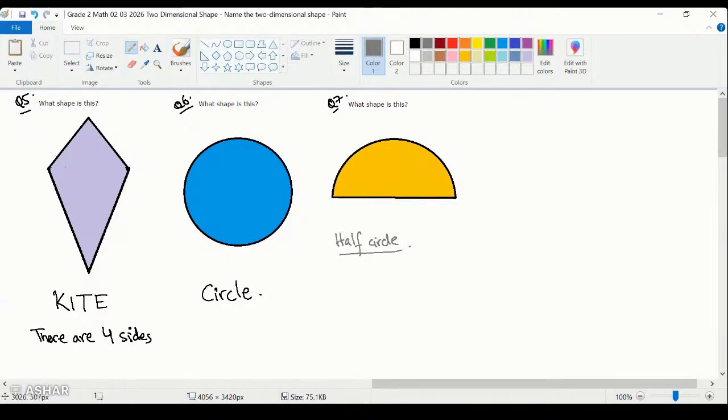We use the word semicircle. A half circle is known as a semicircle. Agreed?